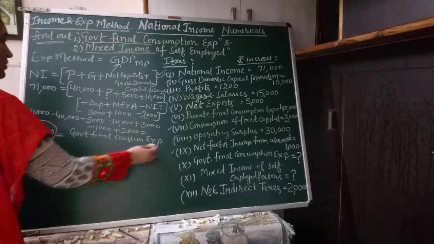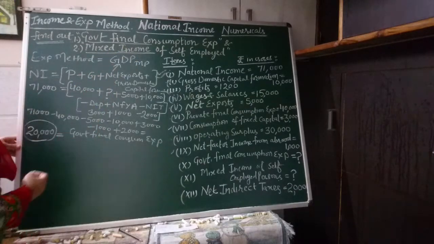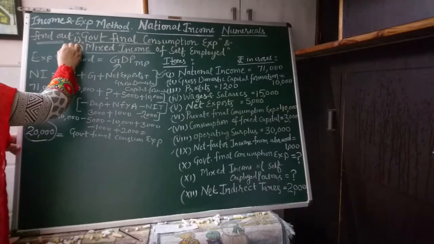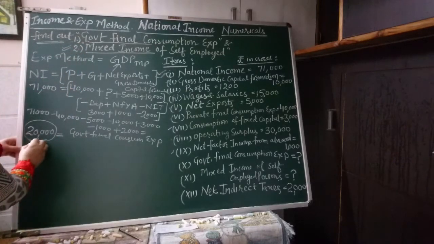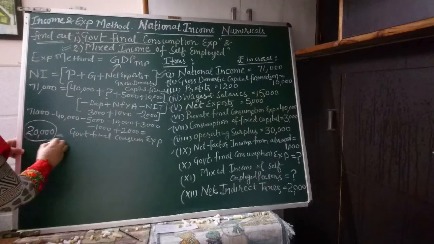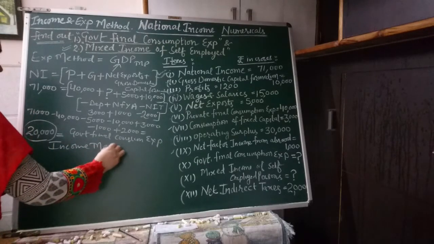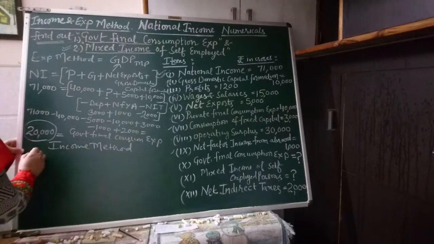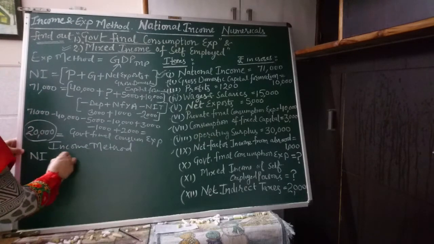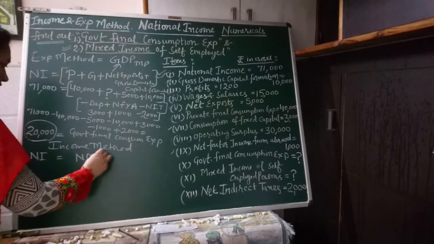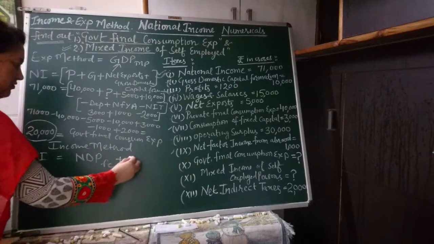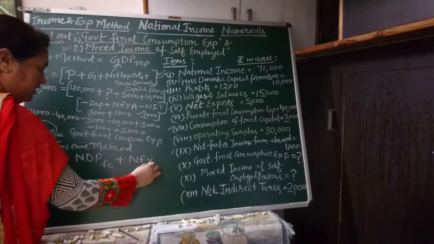Now next we have to calculate mixed income of self-employed persons, because this component is related to income method. So by income method, we know that national income is equal to NDP at FC plus NFIA, net factor income from abroad.